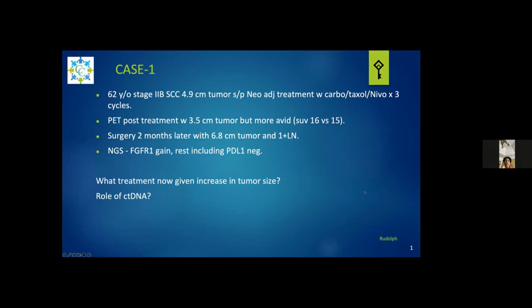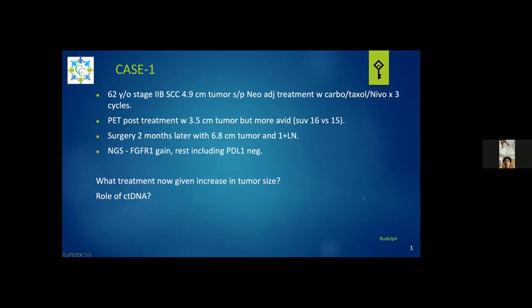So he's a 62-year-old African-American gentleman, a smoker who quit smoking shortly after diagnosis of his stage 2B squamous cell, 4.9 centimeter tumor on initial PET. He was again stage 2B with some hilar lymph nodes. He was treated with neoadjuvant chemoimmunotherapy with carbotaxol nivolumab for 3 cycles.